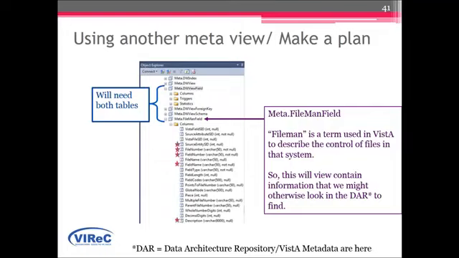While we get in here, I'm going to select some of these columns from the Meta Fileman field view because, once again, the list is quite long, and I want to make some specific choices that will be most helpful for me in my query.